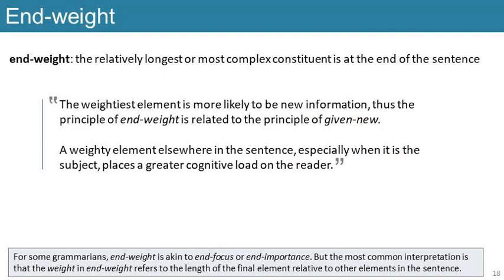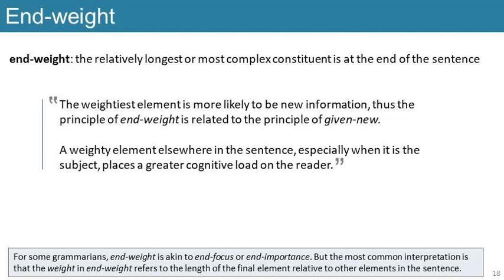The fourth general expectation is that the end of the sentence will be the relatively weightiest element of the sentence in terms of length and/or complexity. There are two probable reasons for this expectation. Firstly, the weightiest element is more likely to be new information.